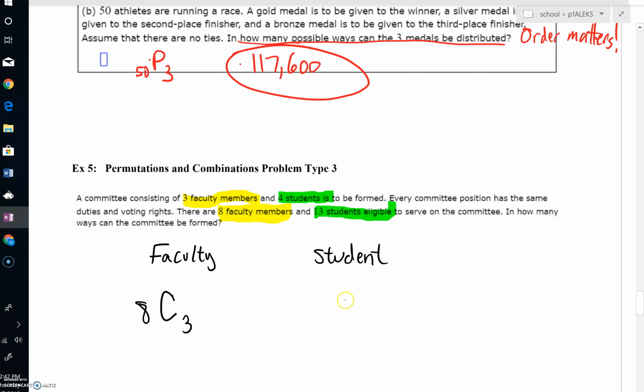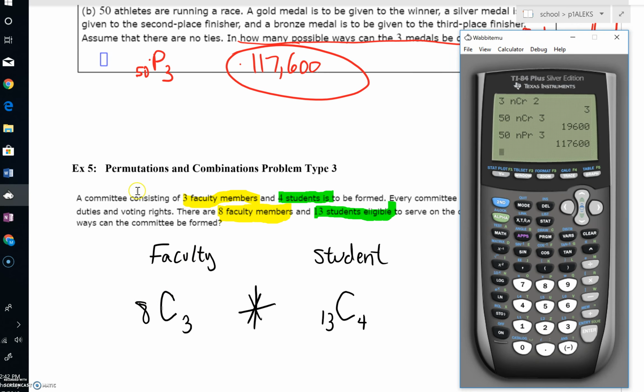For a student, well, again, we're going to say out of 13 students, we're going to select 4. Order doesn't matter. But we've been seeing all this week that the fundamental counting principle is at play here. If you have so many ways to select the faculty and so many ways to select the students, you're going to multiply those 2 together.